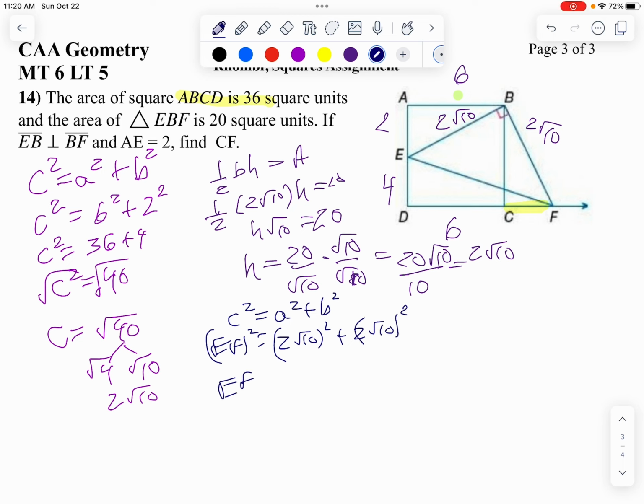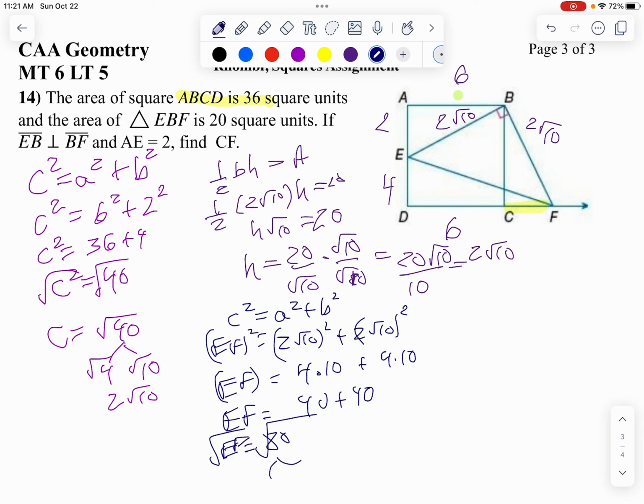So that's 4 times 10 plus 4 times 10, or 40 plus 40. E to F squared is 80. Take the square root of that. That's the square root of 16 times the square root of 5. So I get 4 square roots of 5 for E to F.